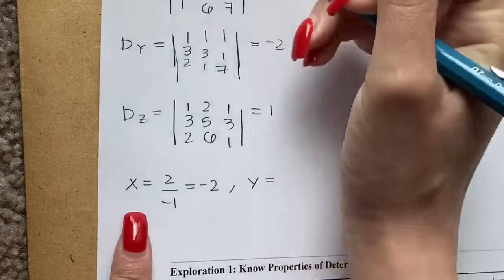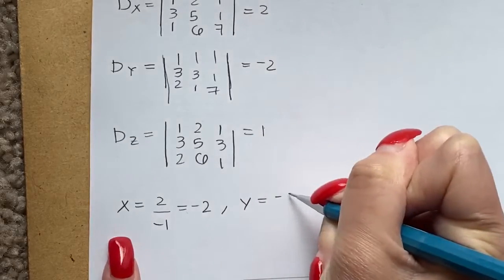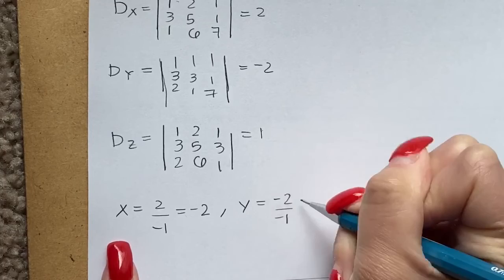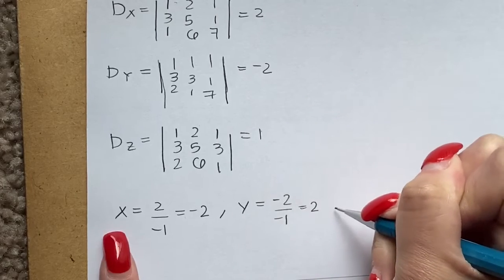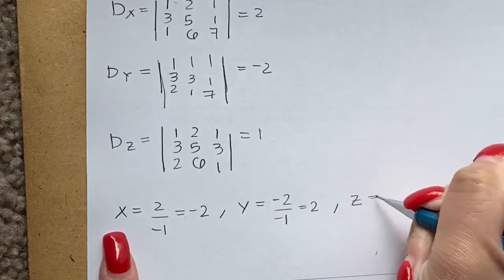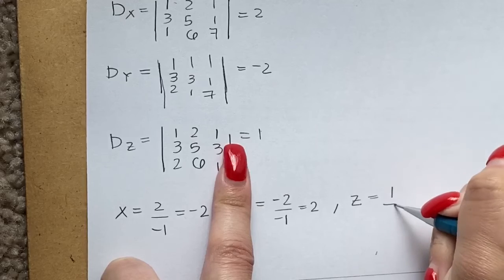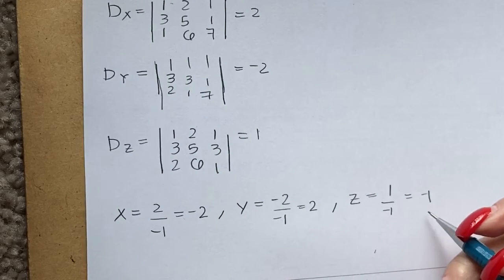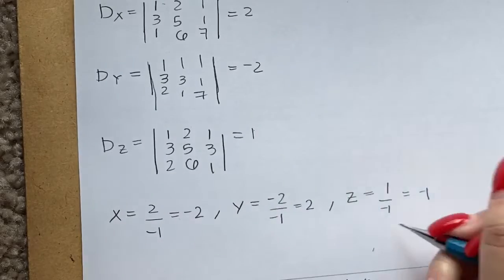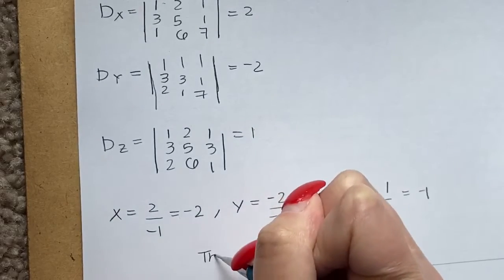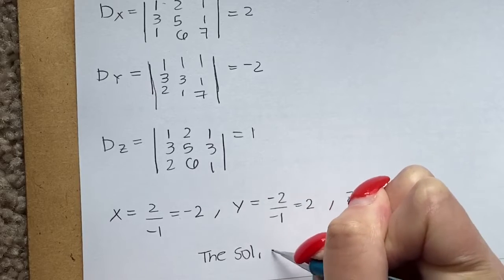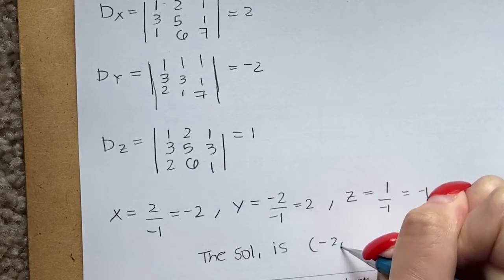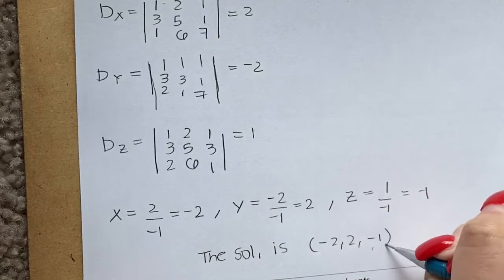The y is going to be -2 divided by -1, which is +2. And last but not least, the z is going to be 1 divided by -1, which is -1, and that's going to be the solution. So the solution is (-2, 2, -1), and that's it.